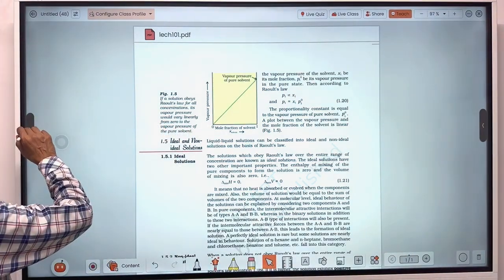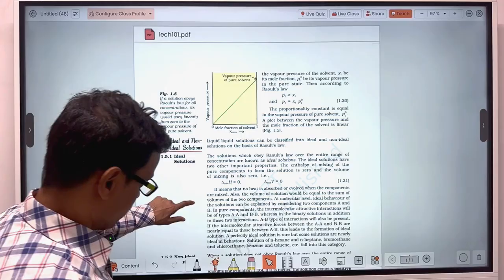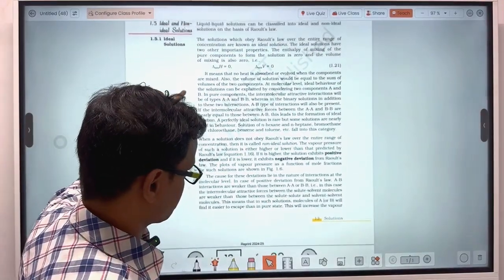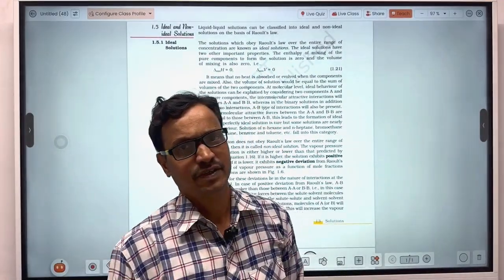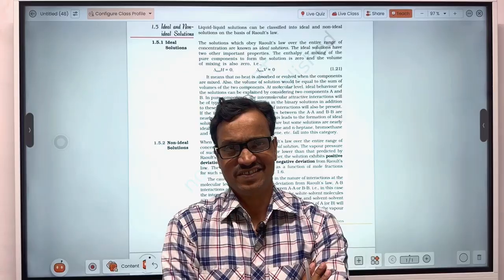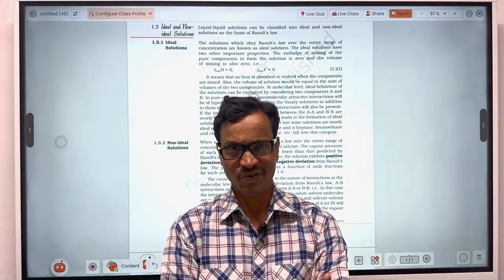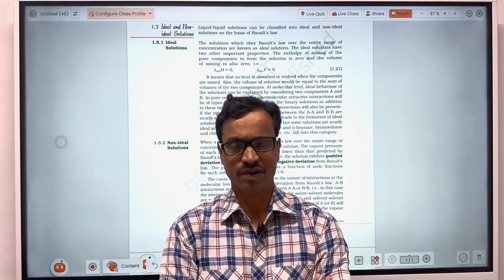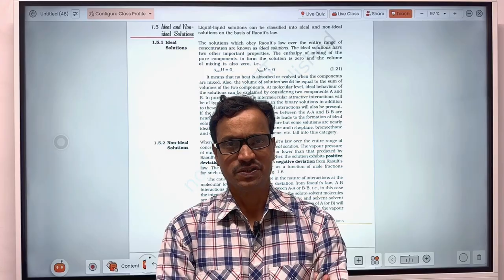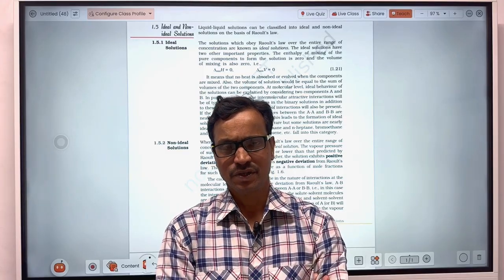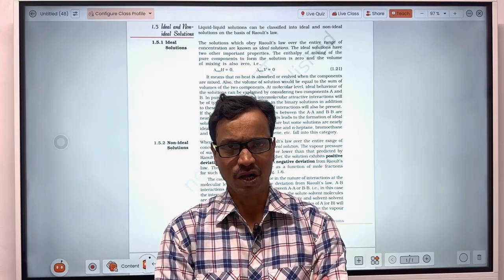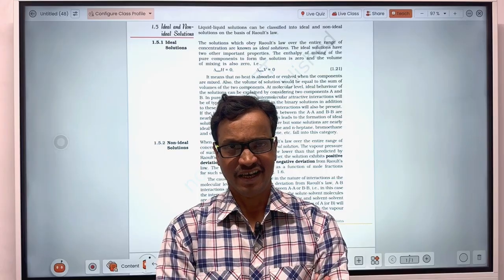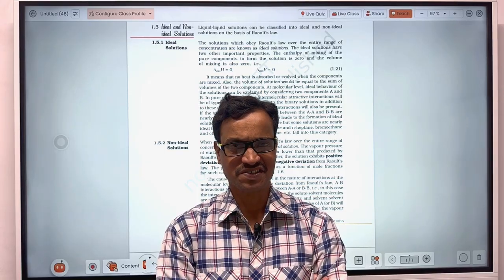What is a non-ideal solution? A non-ideal solution is the solution which does not obey Raoult's law over the entire range of concentration.